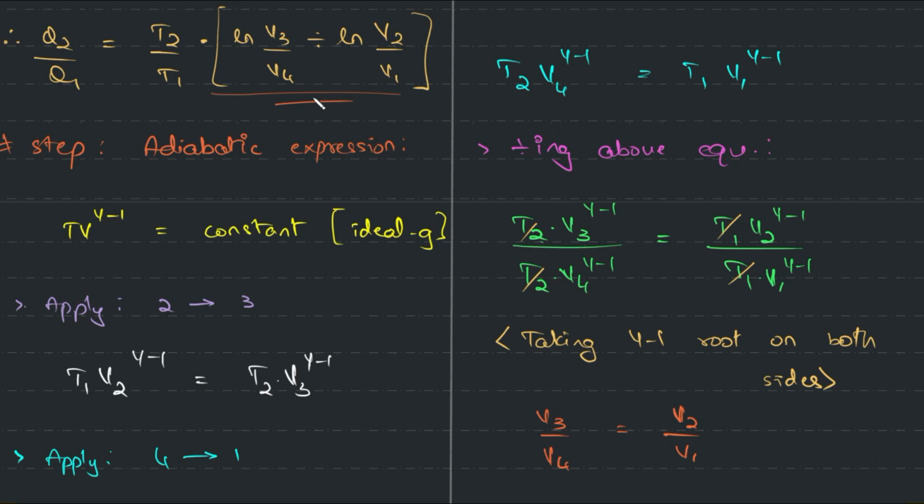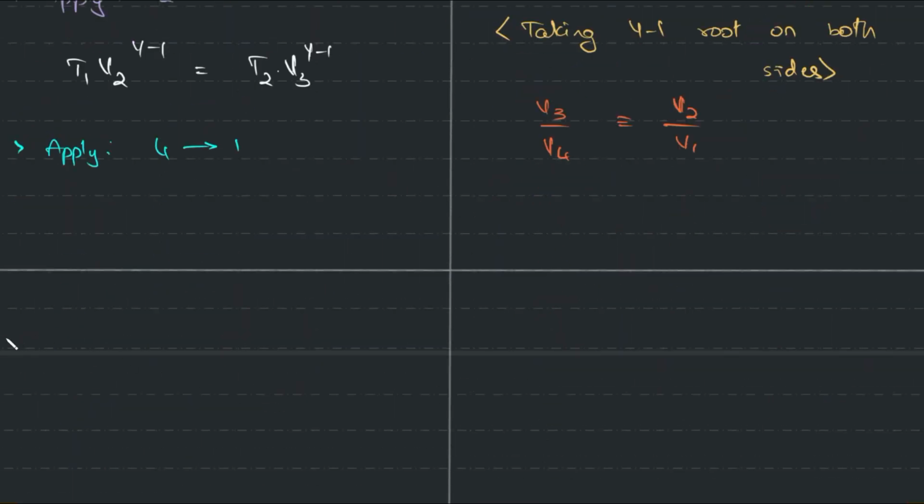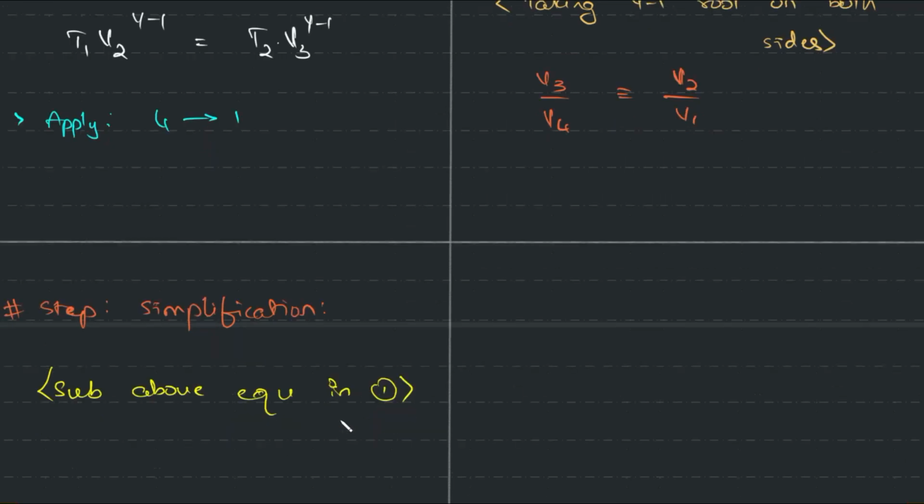That's what we wanted. So since these two are equal, if I call this 1, if we substitute this in 1, for the simplification, substituting the above equation in 1, what do we end up with?